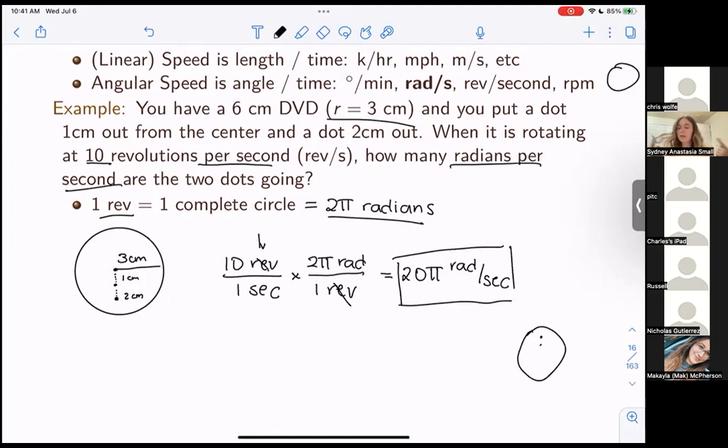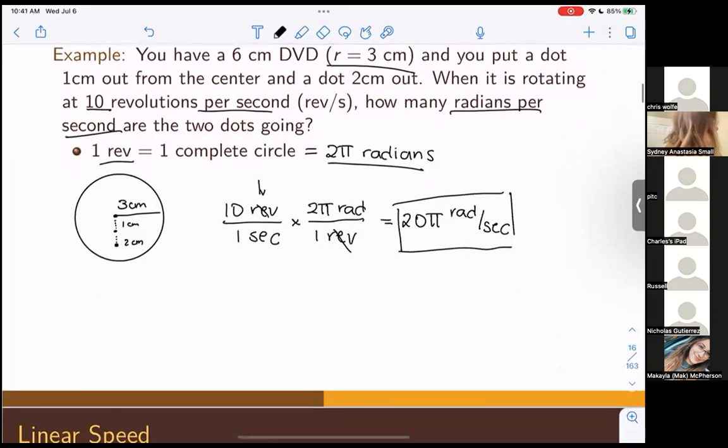They're both going to complete their rotation at the same time because it's not dependent on how far they travel. It's just dependent on when they're done making the full circle, which they will be done making the full circle at the same time. So in general, for angular speed, the radius of our circle does not matter.